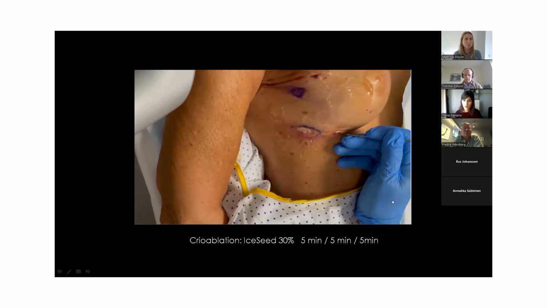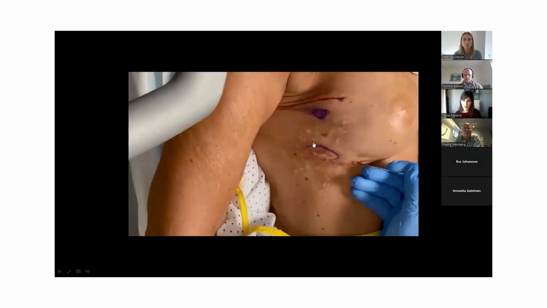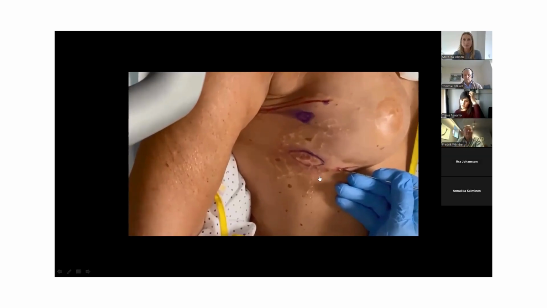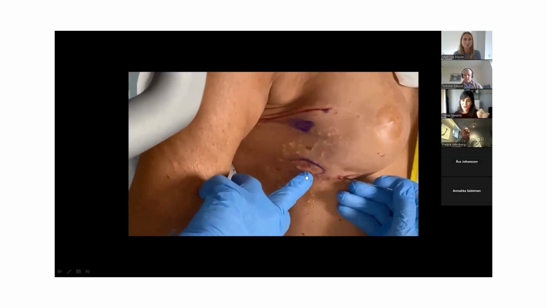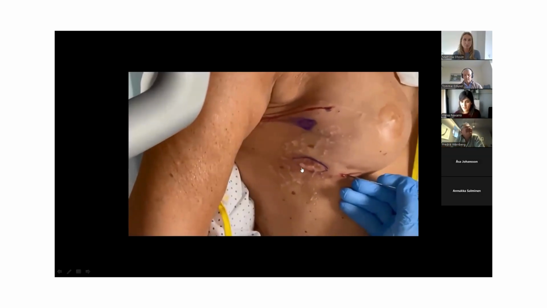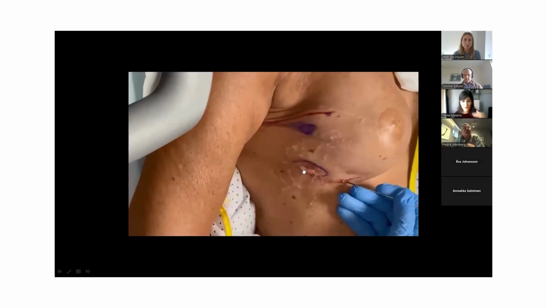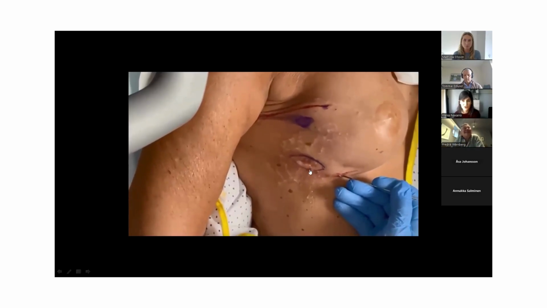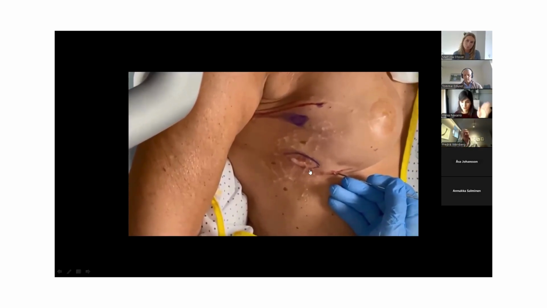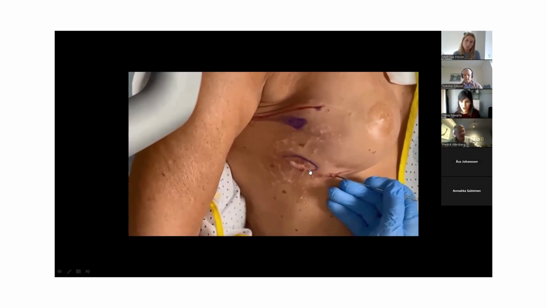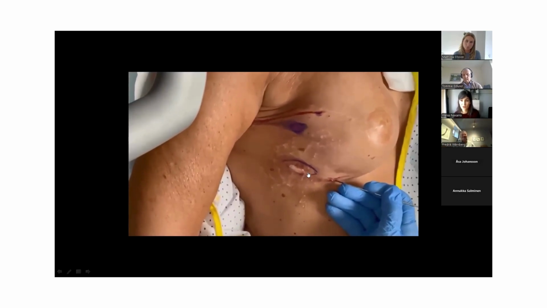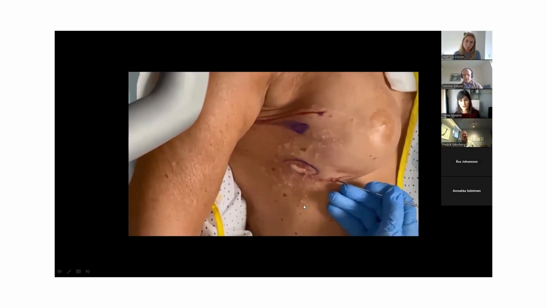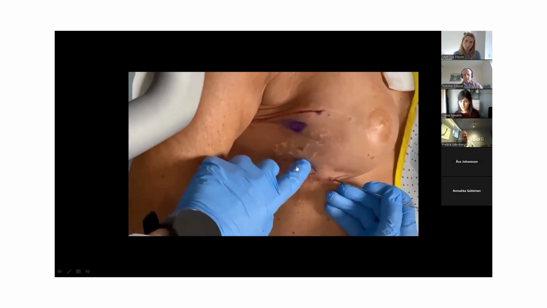So this is a video so you can see better how we manage this. I hope you can hear me well. So here you see that this white area, we are pressing directly the skin. And you don't have to be afraid of this, because you want this to happen, because you want to destroy the lesion that is located in the skin. So the key is to hold on for a little bit, that pressing.